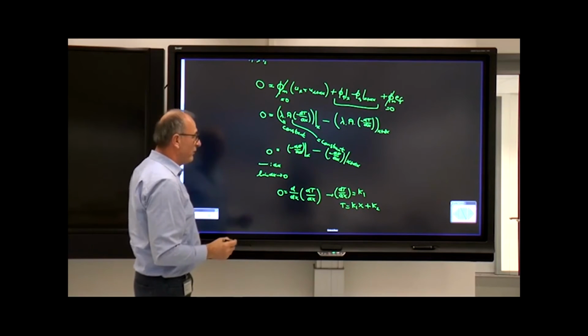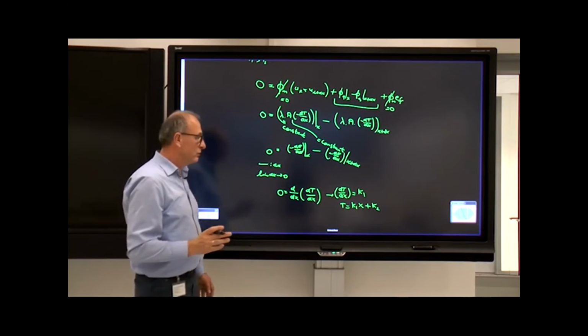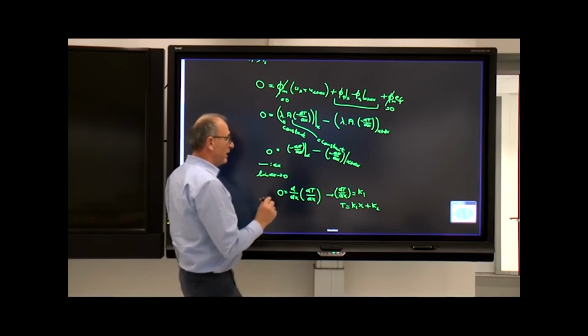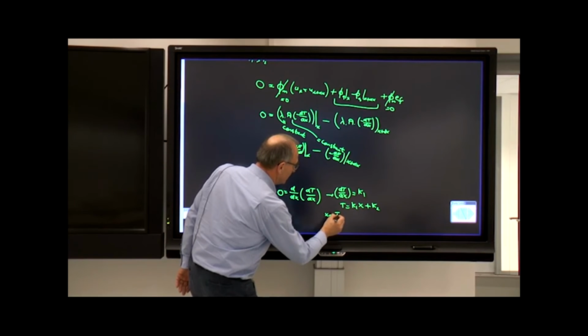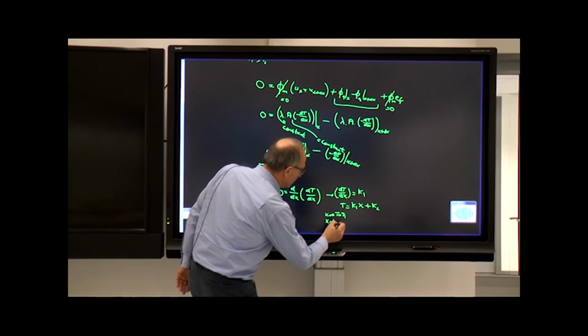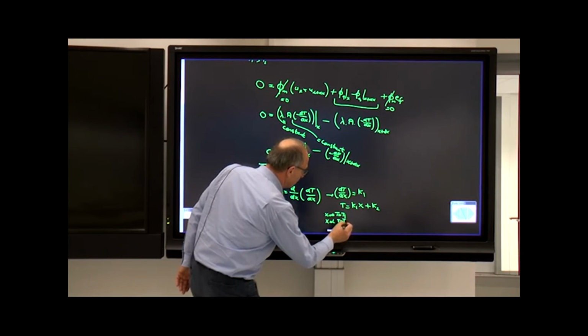Well, we have two boundary values because we know that at x is 0, T is T1, and we know at x is L at the end, T is T2.